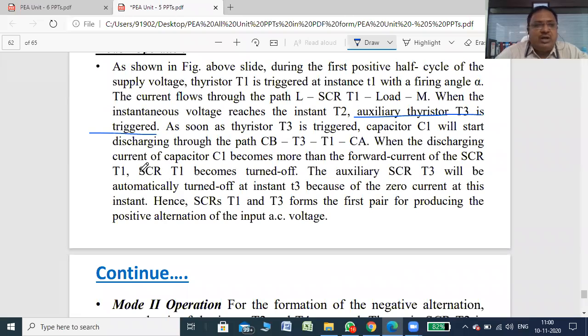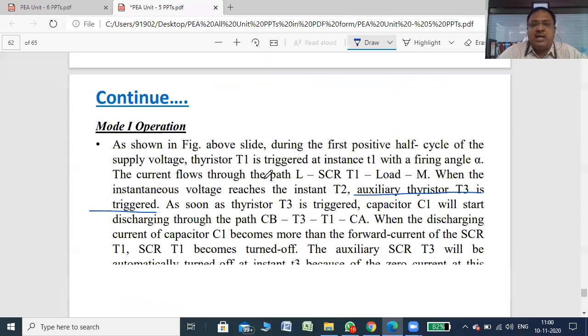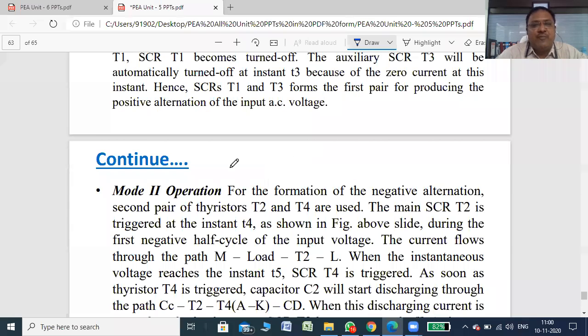When the discharging current of capacitor C1 becomes more than the forward current of SCR T1, SCR T1 turns off. The auxiliary SCR T3 will automatically turn off at instant T3 because of zero current at this instant. So at this instant, the T3, the auxiliary SCR, automatically turns off.